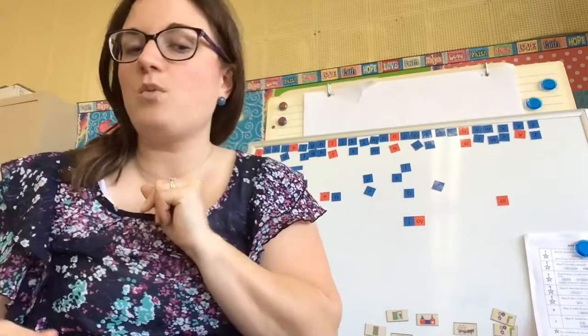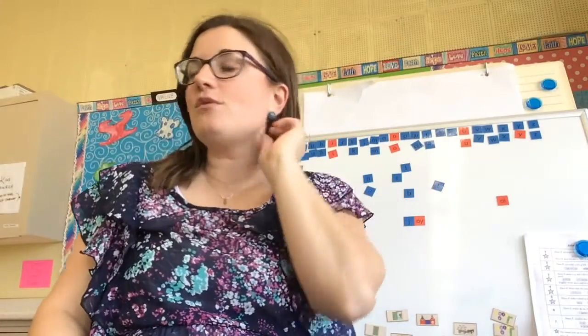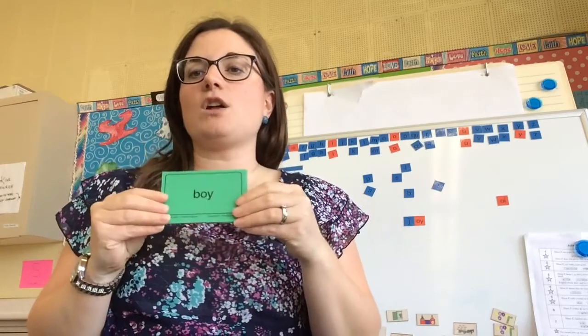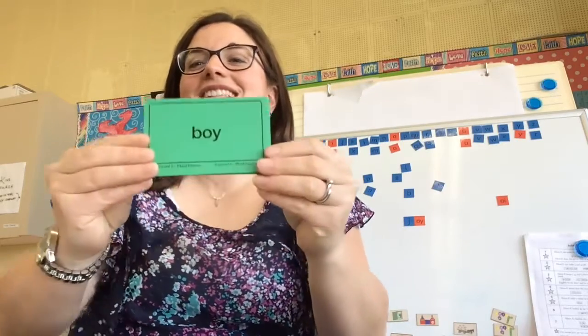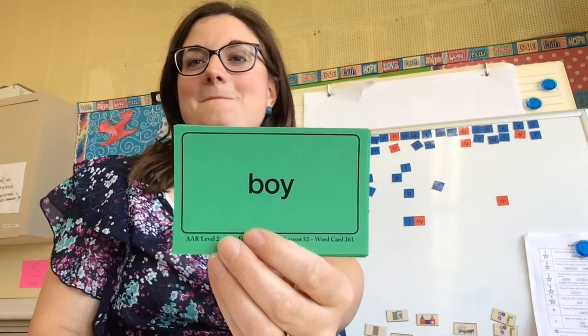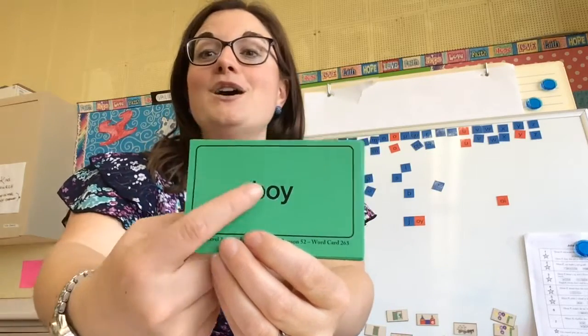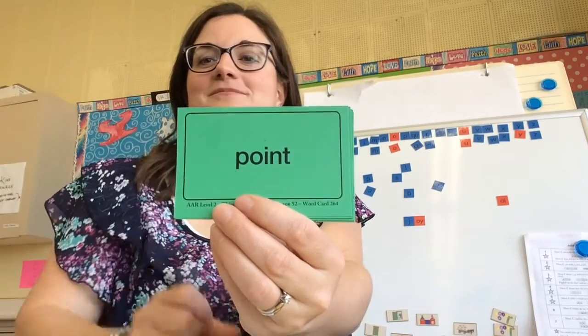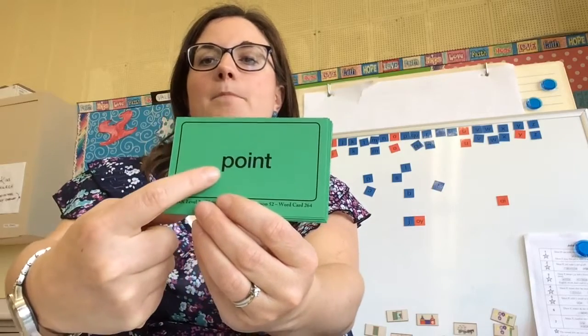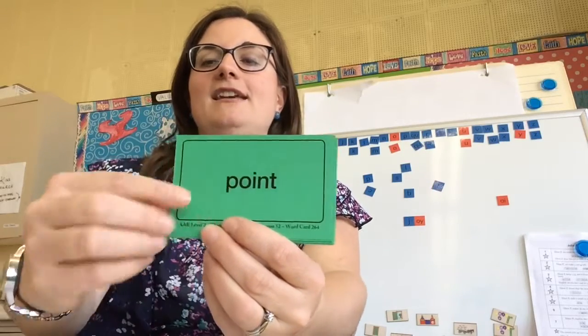But before we go, if you can't see the tiles very well in the video, I do want to go through so that you practice reading some of these words, okay? So let's sound this out. B-oy, boy. P-oy-n-t, point, point.